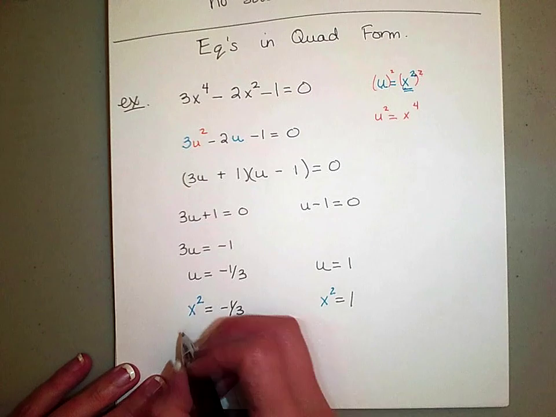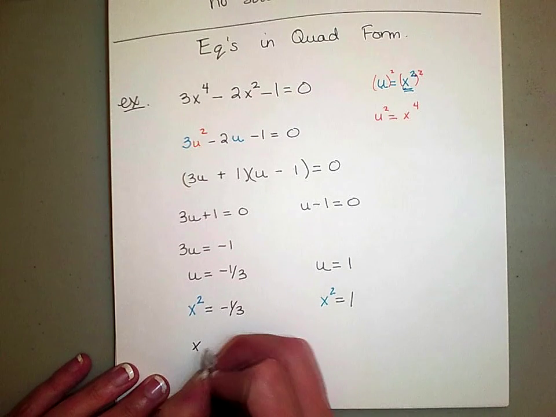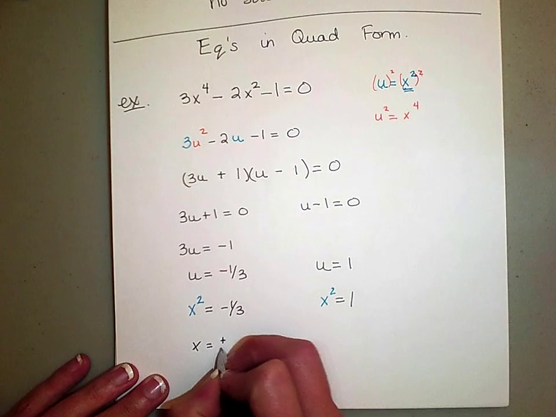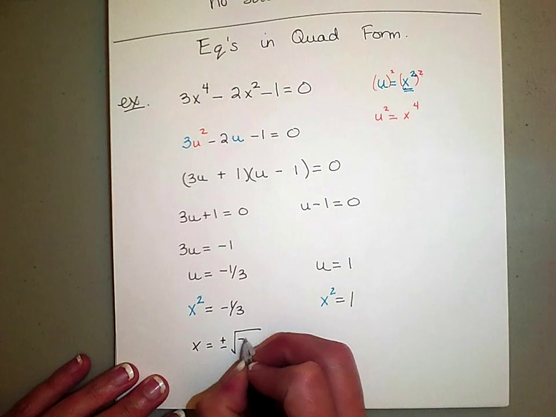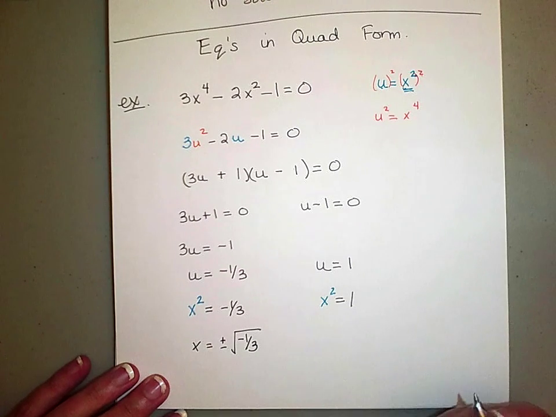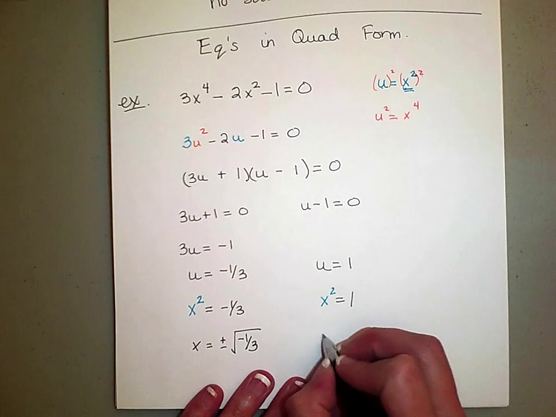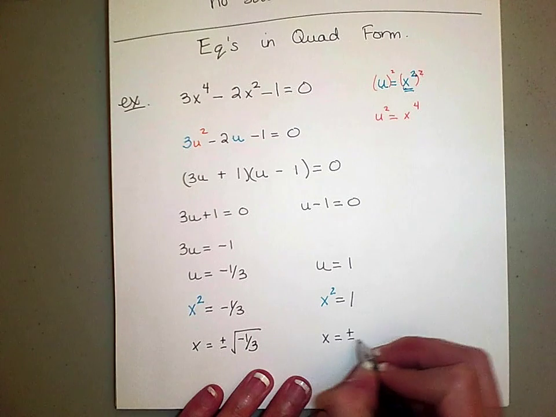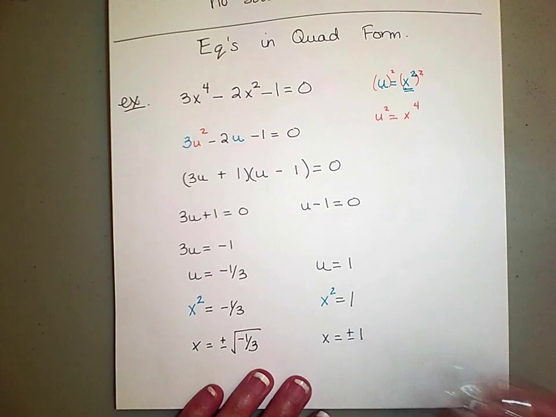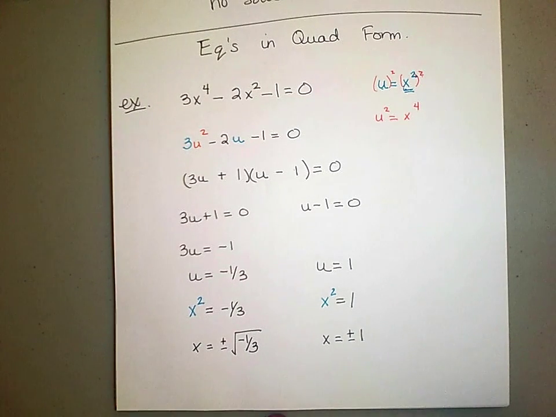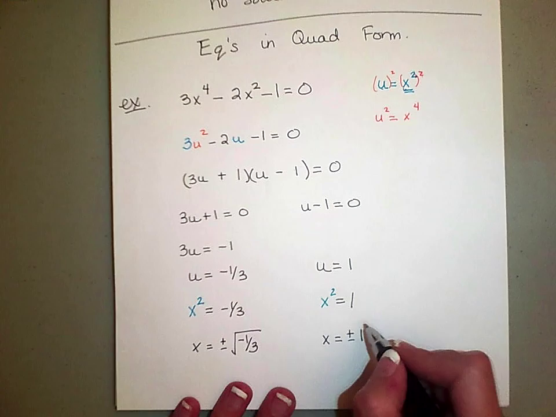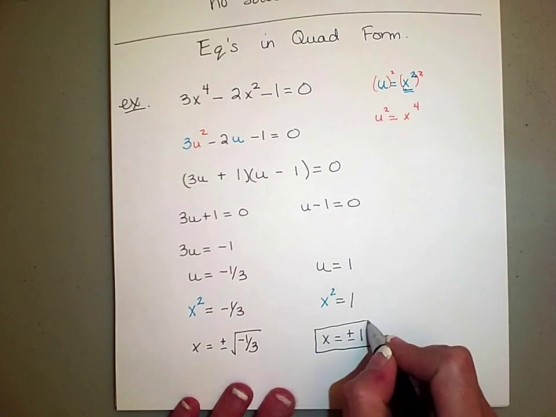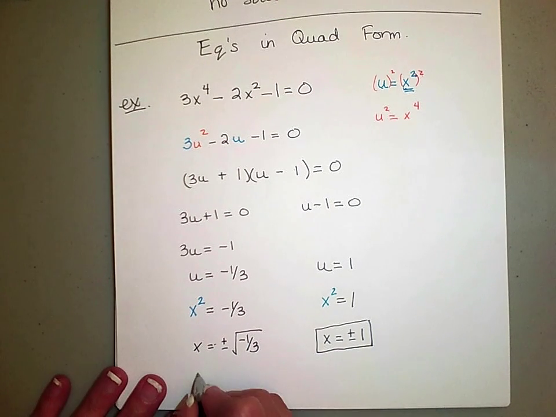Now I can solve for x. If I take the square root of both sides, I will get x is equal to plus or minus the square root of negative 1/3, or x is equal to plus or minus the square root of 1, which is 1. So we really have 4 solutions here. 2 of them are real, and 2 of these are complex.